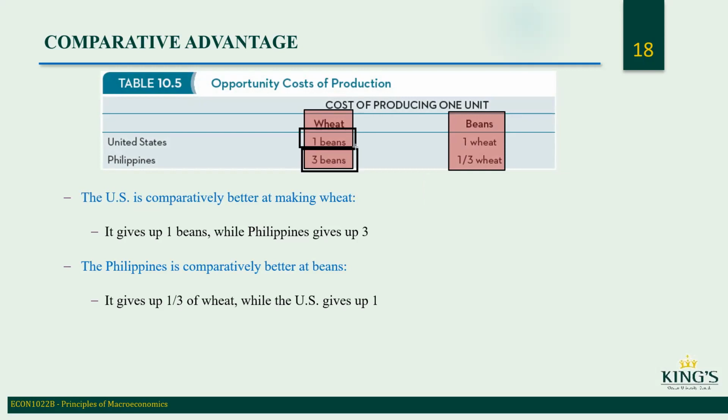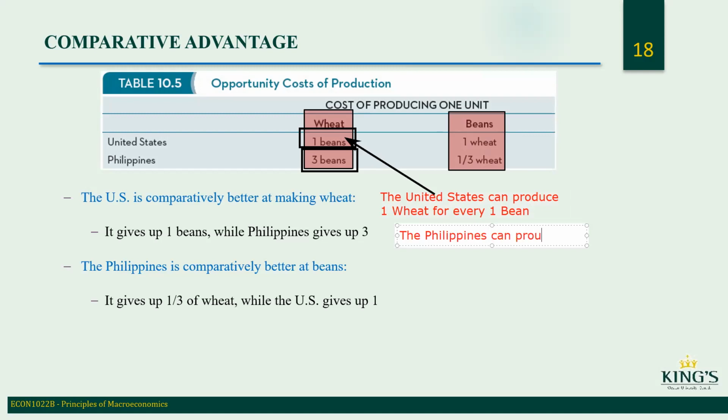So in this case, the United States can produce 1 wheat for every 1 bean, and that's found right here. And then the Philippines can produce 1 wheat for every 3 beans, and that's found there.